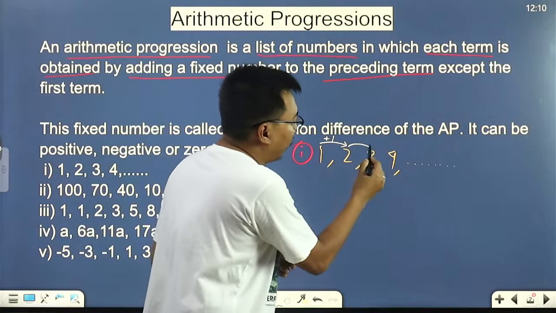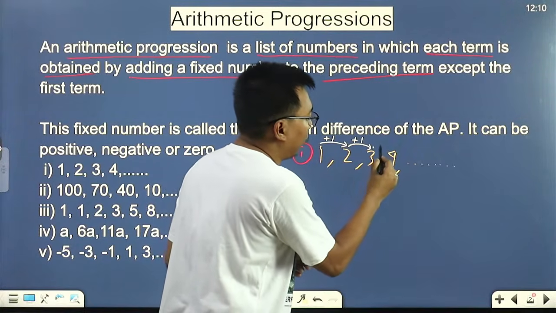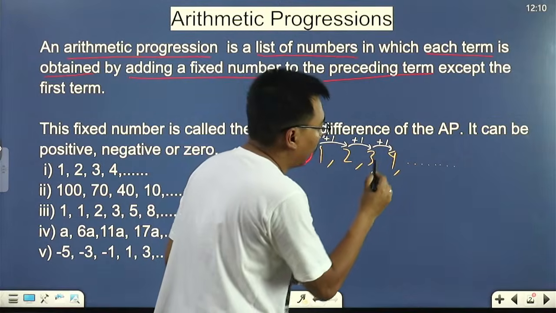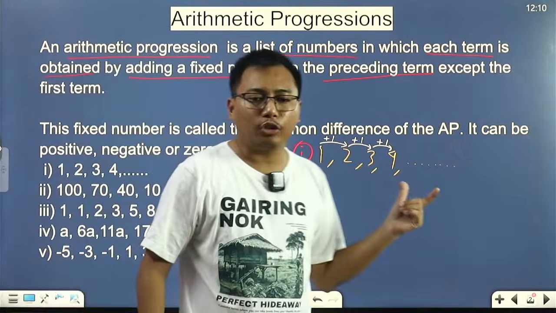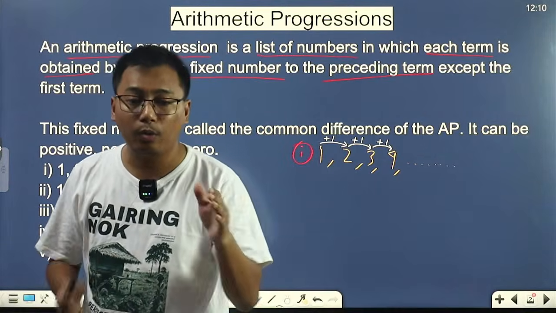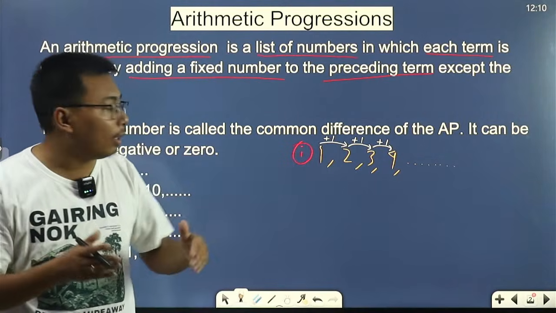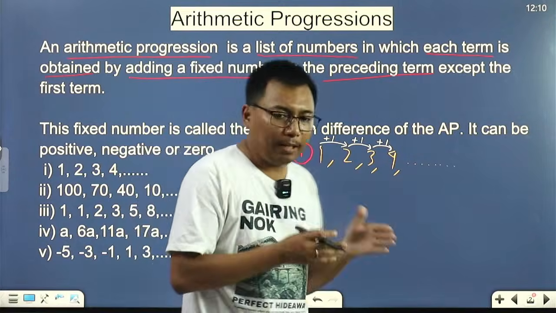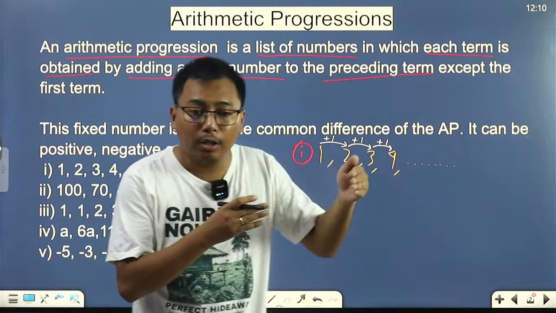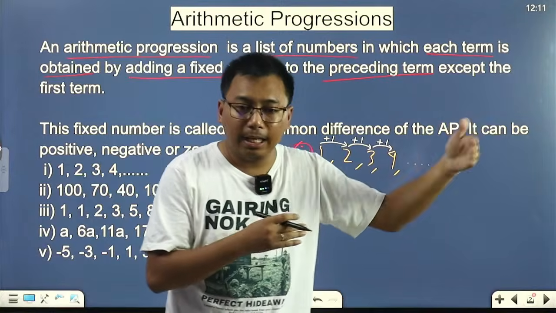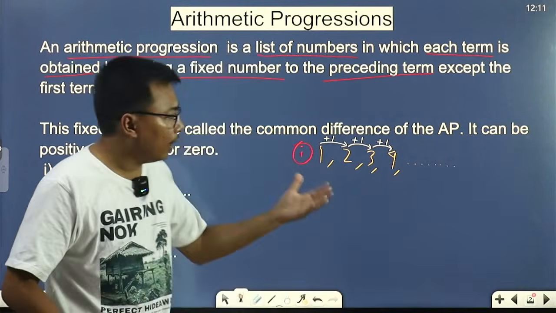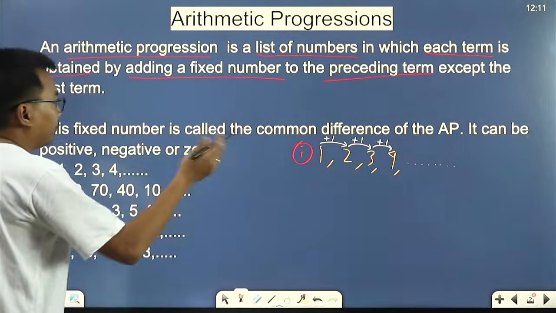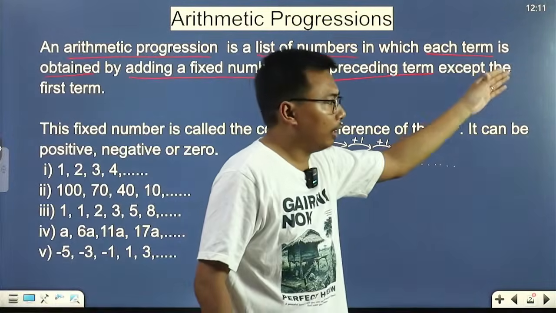What is the difference between 2 and 3? 1. What is the difference between 3 and 4? 1. So we can observe that this list of numbers has a common difference, which means all the consecutive terms are increasing by 1 here.